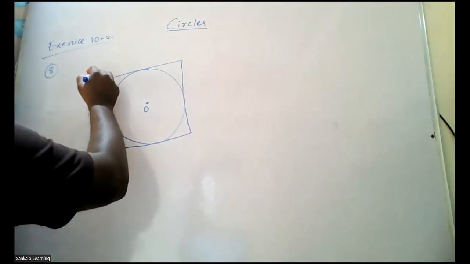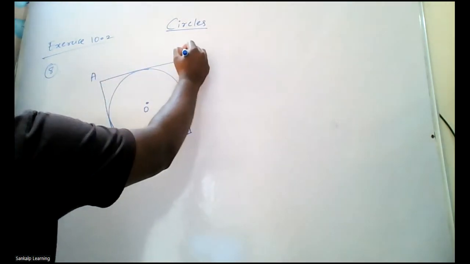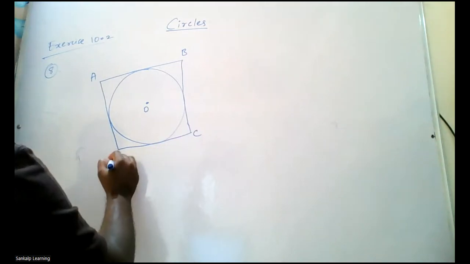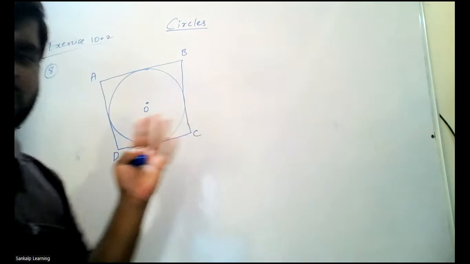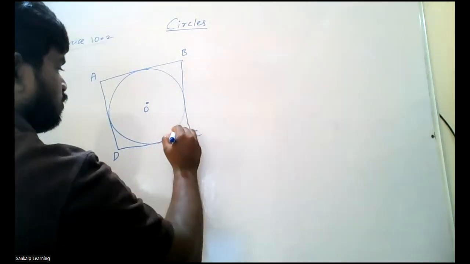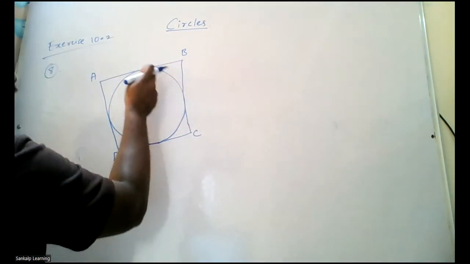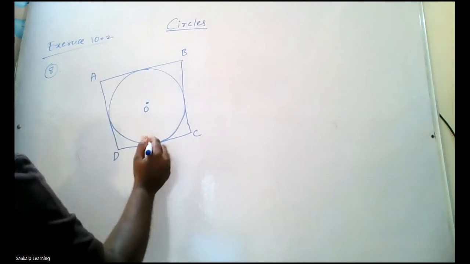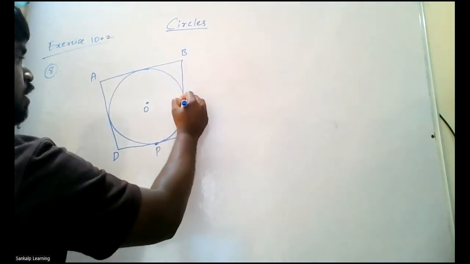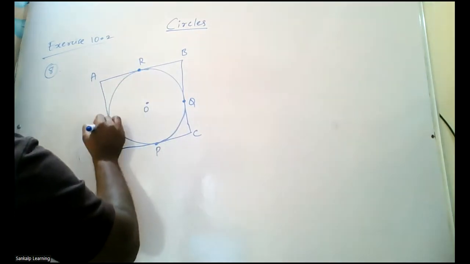Okay, so A, B, C, D. If they have given other names, that's okay, no problem. You can solve it according to the question that they have given. Okay, I have taken my own figure. A, B, C, D. See, observe this circle is touching all the four sides. Let's take these points as P, Q, R and S.